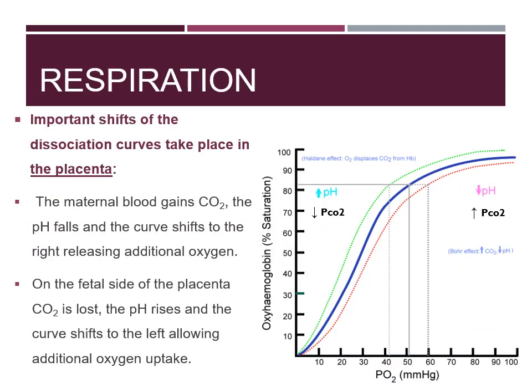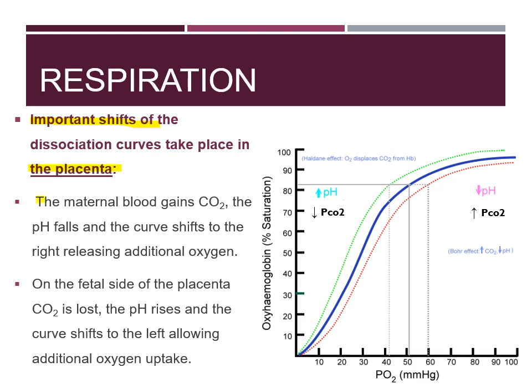The double Bohr effect is explained further by using the oxygen dissociation curves, where important shifts take place in the placenta, and particularly in the maternal blood and in the fetal blood.